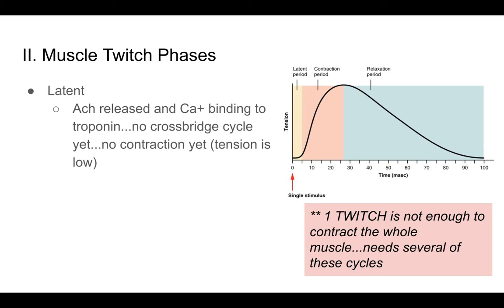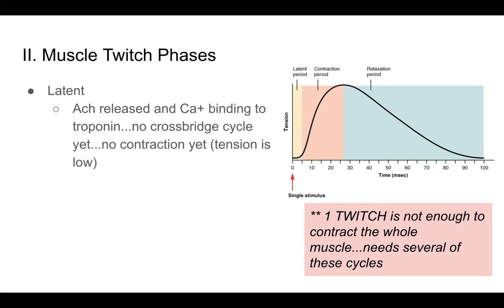Calcium floats down and it binds to the troponin complex on the actin myofilament. And so what's happening in the latent period is kind of what I just described. ACH released, everything I talked about, calcium pushed out of the sarcoplasmic reticulum and binds to troponin.